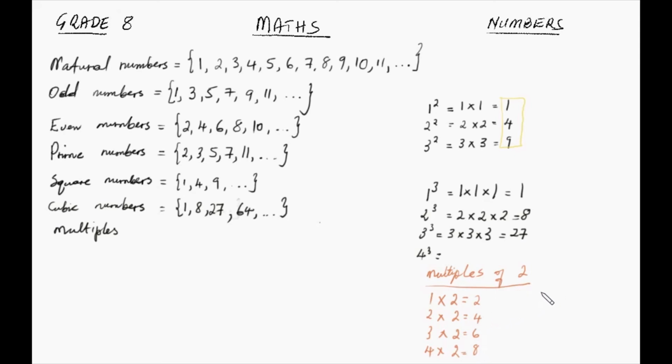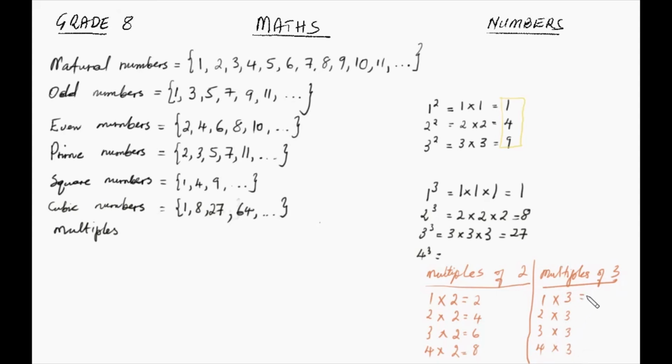Let's say we wanted to find multiples of 3. How would you do it? We take natural numbers. Then we multiply them by what? By 3, because we are looking at multiples of 3.